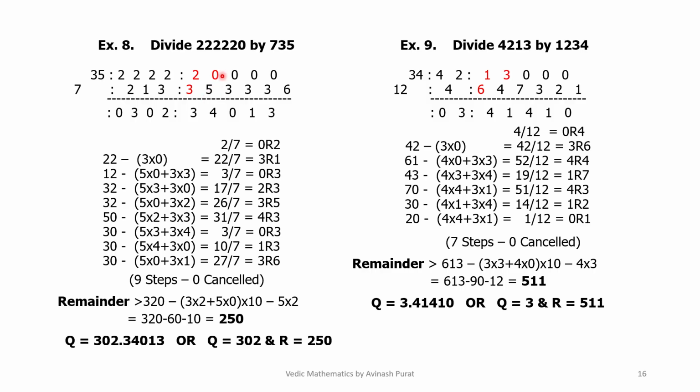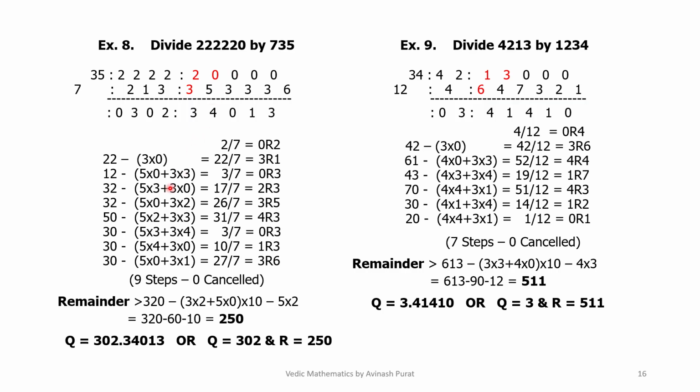Next dividend is 50. 50 minus 5 into 2 plus 3 into 3, that is 10 plus 9, 19. 50 minus 19 is 31 divided by 7 equals 4 quotient and 3 is remainder.